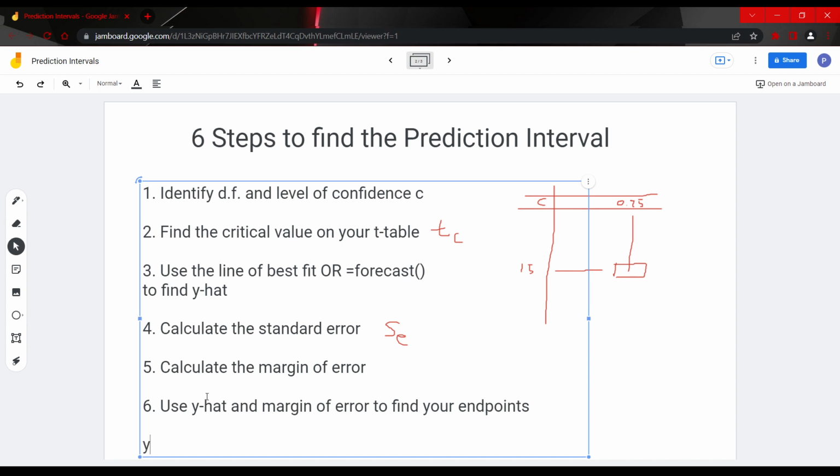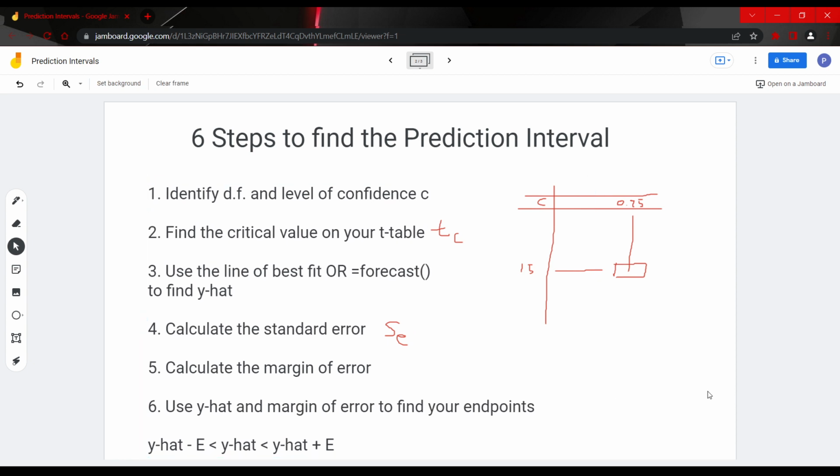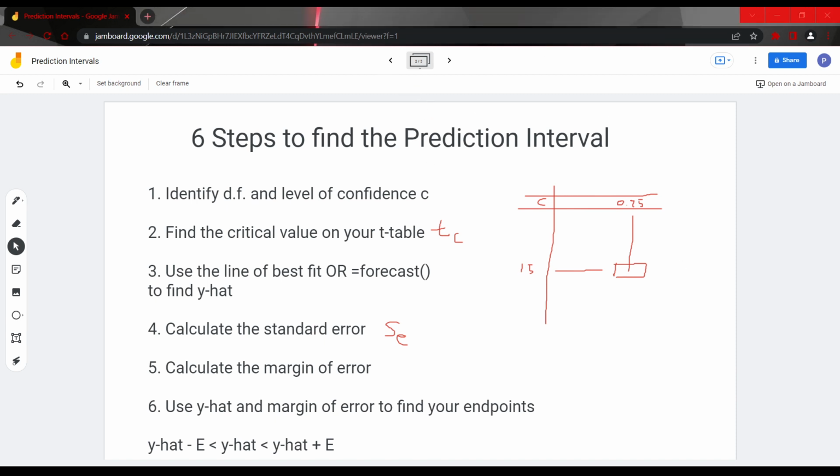So this is your y-hat minus E, y-hat plus E. All right, so that's pretty much all the methodology you need to know. So now I'm gonna run through some examples with you guys.